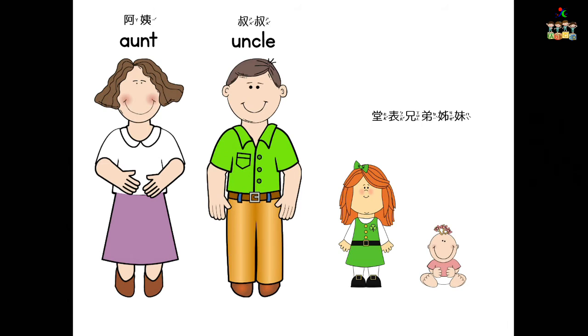Get your mommy or daddy to help you. 堂表兄弟姐妹. And of course in English that's cousins. Once again, my Mandarin or 中文 is not great, so please ask your parents if you need any help with how to read or say the words.